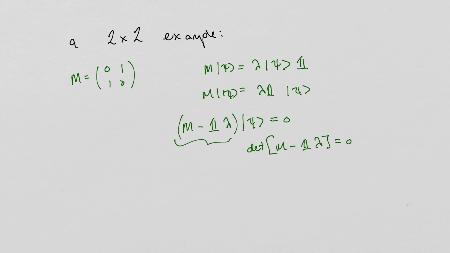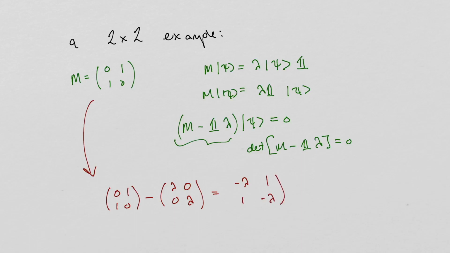Now let's do this for this matrix. M is 0, 1, 1, 0, and then I'm going to subtract lambda times the identity, lambda 0, 0, lambda, and that's going to give me minus lambda, 1, 1, minus lambda. That's the matrix.